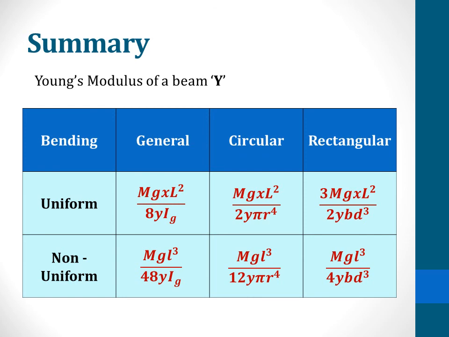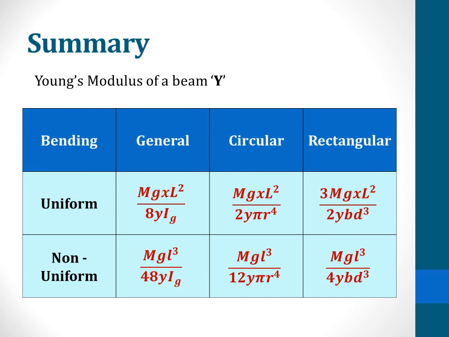For the case of a beam which undergoes non-uniform bending, in general we have the formula for the Young's modulus of the material of the beam to be mgl cube divided by 48 yIg. Again, for a circular beam, we substitute Ig to be pi r power 4 by 4, and we have mgl cube divided by 12Y pi r power 4 for a circular beam.